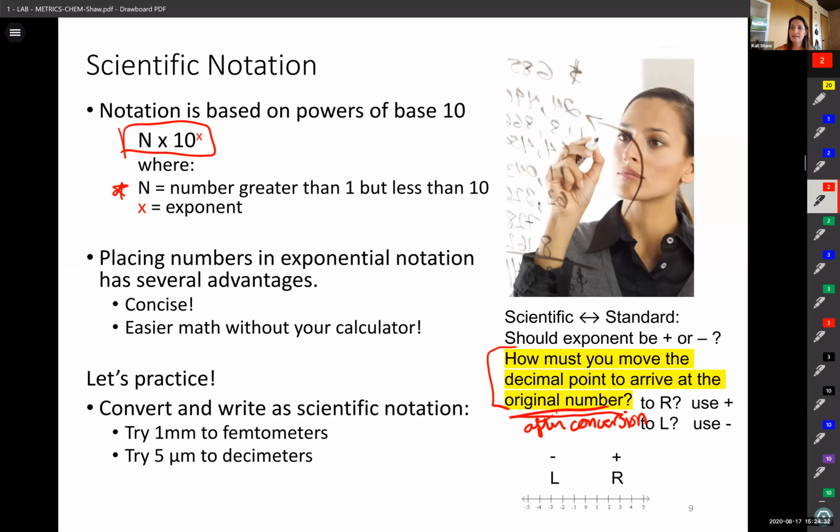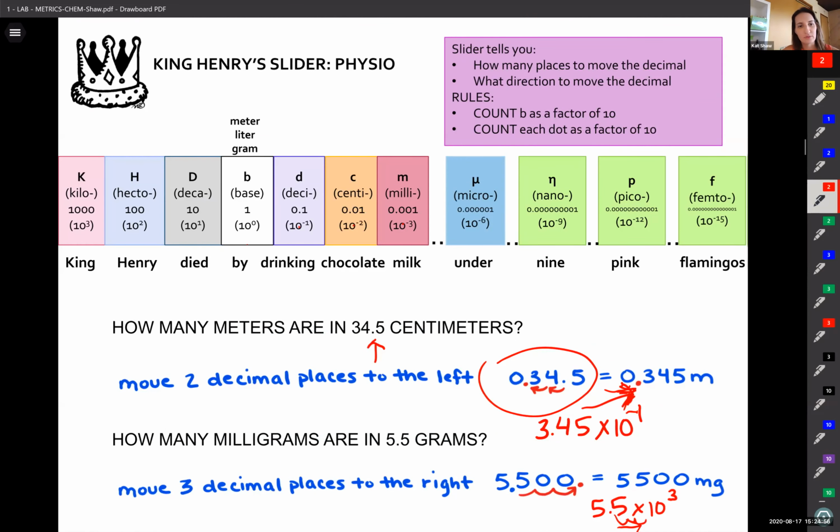Okay, so before we end this recorded section and take a 10-minute break and start up the next one, let's just try this one here. Let's try to convert 1 millimeter to femtometers using our King Henry slider. So we want 1 millimeter converted to femtometers.